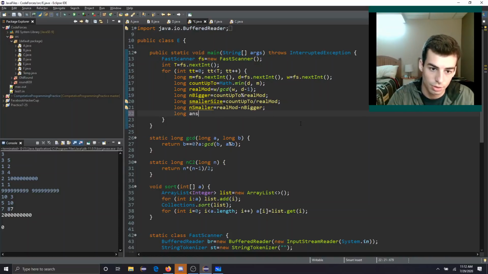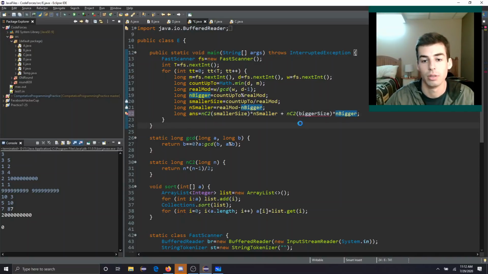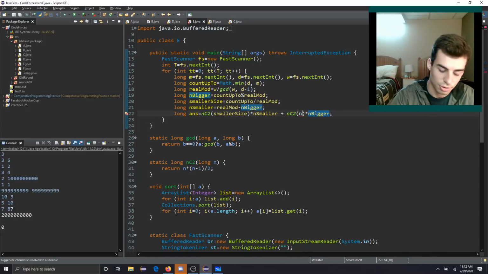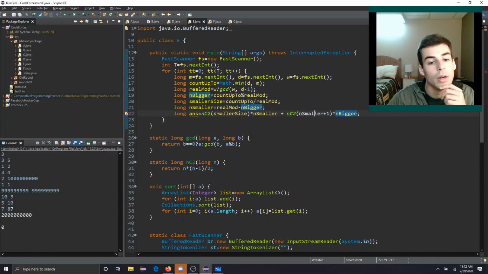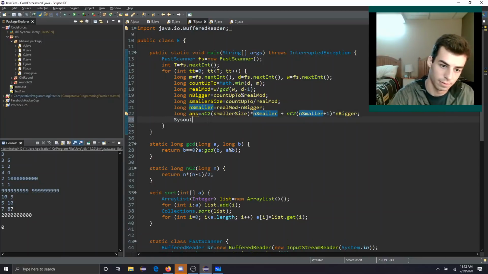So our answer will be n choose 2 for the smaller size times the number of smaller things, plus n choose 2 for the bigger size times the number of bigger things. Bigger size is just smaller size plus 1. And that's our answer.